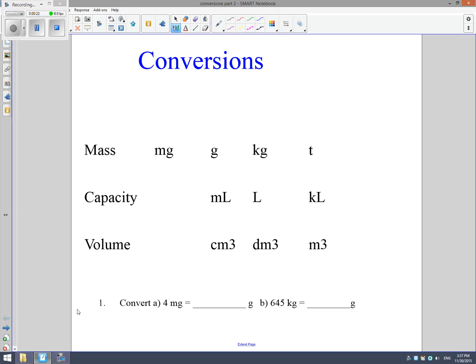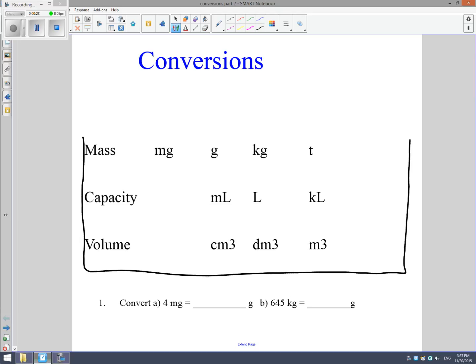What you need to do is look at this conversion table, which is what you're given, and it's a little bit different than the one you use, but it's still very, very similar. I want you to look at it and envision the things. So milligrams, those are little tiny drops of sand. And grams, that's a little tiny, tiny weight. And then when you think of a kilogram, well, now you're getting into a little bit bigger of a weight.